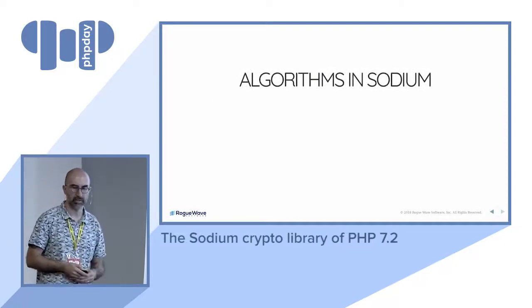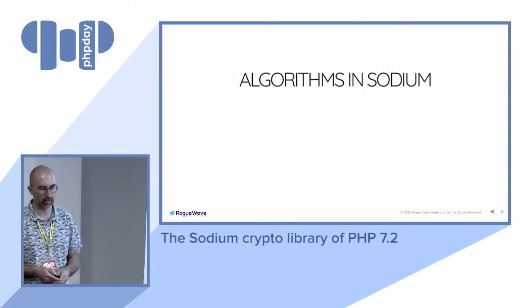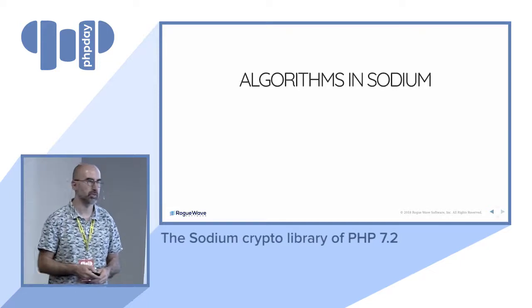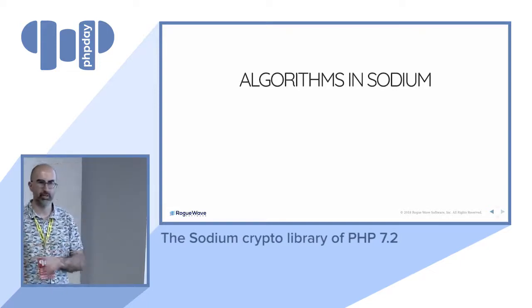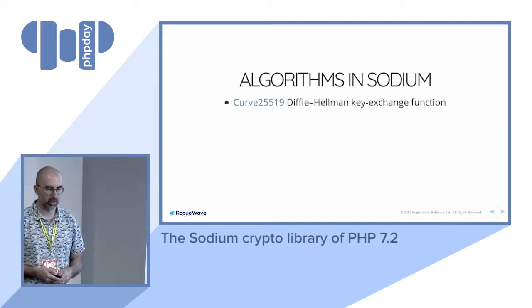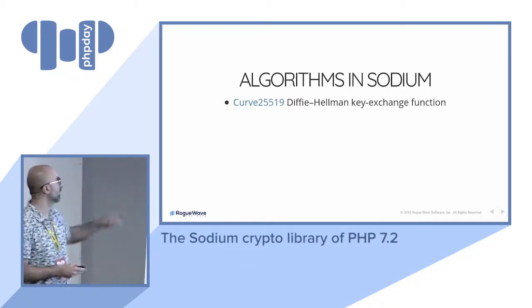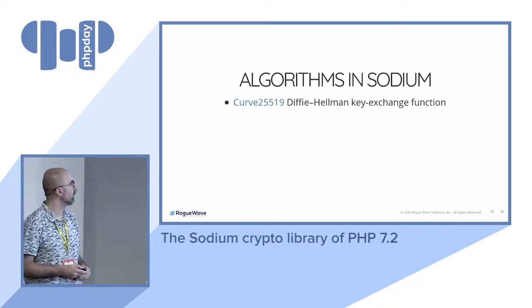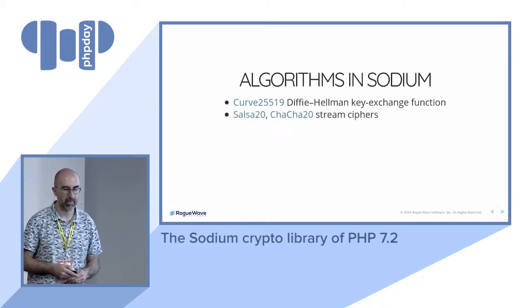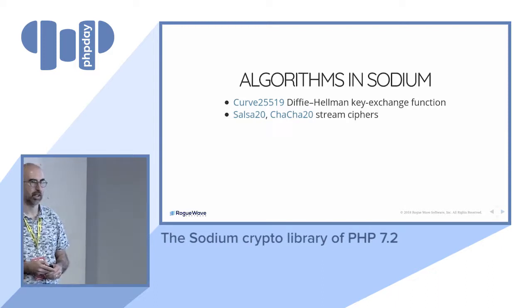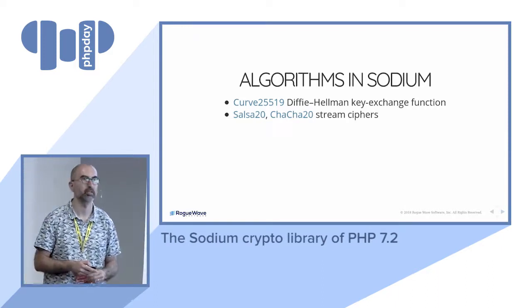The algorithms used in Sodium are very opinionated, I would say, because they choose the best option available. So in Sodium, you can use the Diffie-Hellman key exchange function. And here there are the links. If you're interested, you can check them out in the slides. The stream ciphers are just Salsa20 and ChaCha20.